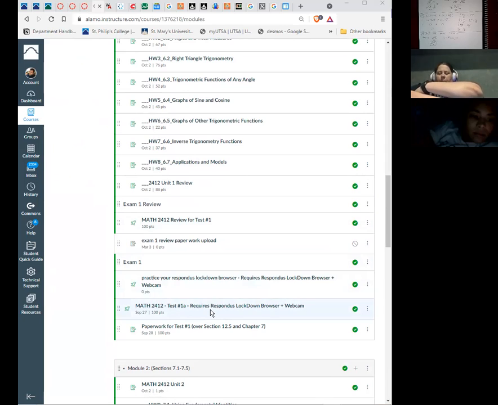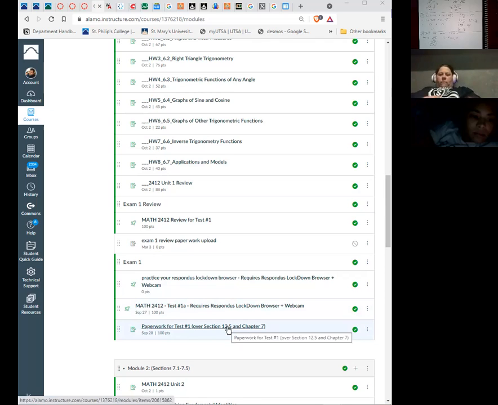Show your work for every single problem, be as neat as possible, and then scan it here within 30 minutes. So you have about 30 minutes to scan your work as a PDF into this section. You can use phone apps or your own scanner, whatever you choose. But you'll have to put it there.